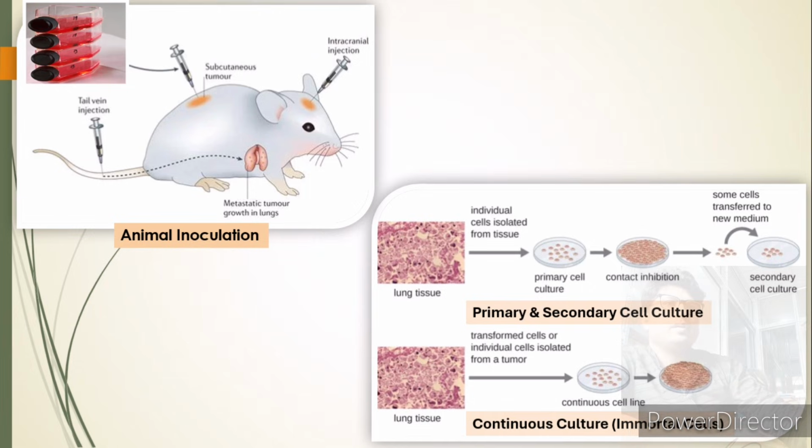Okay, now here in animals, some viruses we grow in live animals, not humans. Here is a typical picture of an animal, a mouse, where the sites it can be injected are tail vein injection, subcutaneous injection, intracranial injection. So, metastatic tumor growth in the lungs.